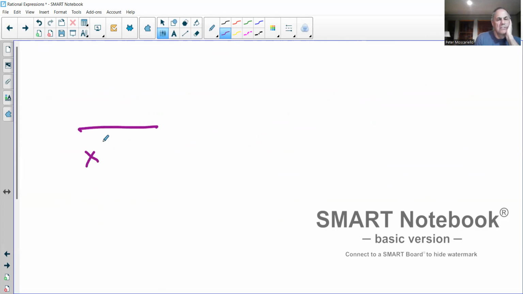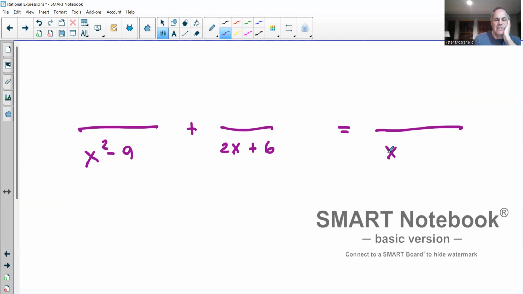Let's go x squared minus 9 there. Let's see, x minus, x plus 3, x squared plus 4x plus 3. This will be good. Give me a second here.